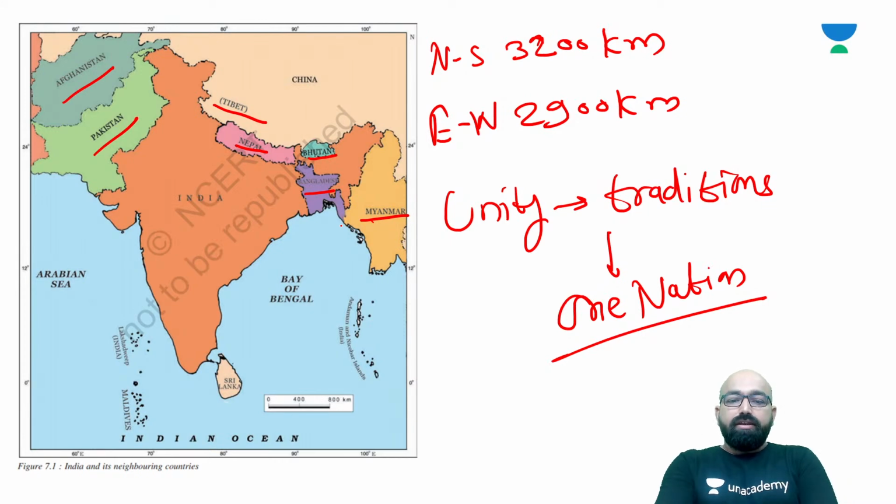So these 7 countries share land boundaries with India.